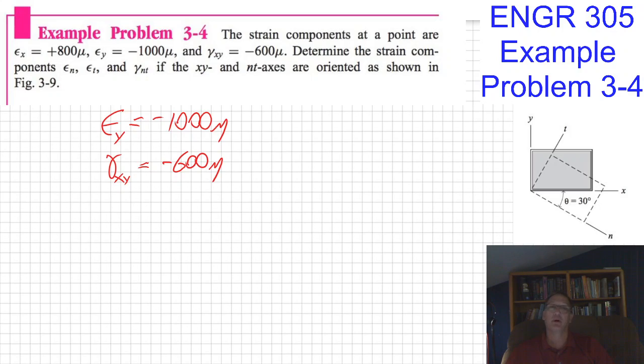Determine the strain components epsilon n in the normal direction, epsilon t in the tangential direction, and the shear strain in the NT plane if the XY and NT axes are oriented as shown in the figure.